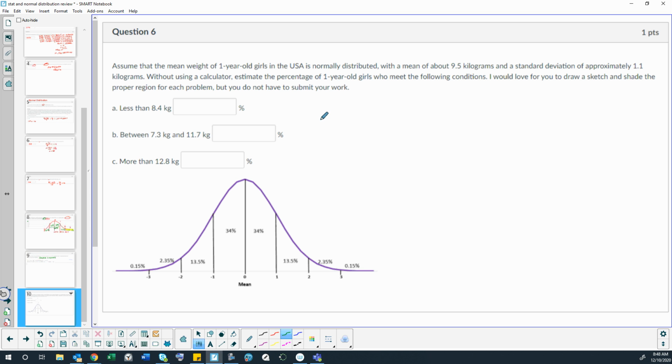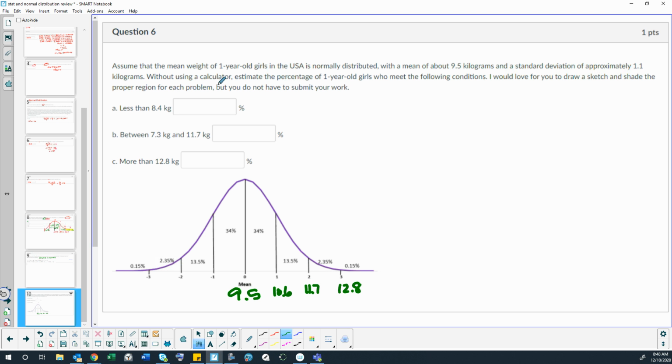Okay, last one. Assume that the mean weight of a 1-year-old girl in the US is normally distributed with a mean of about 9.5 kilograms and a standard deviation of approximately 1.1. If we add 1.1 this direction, we'd have 10.6, 11.7, 12.8.